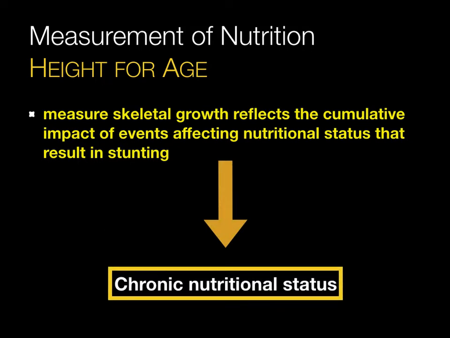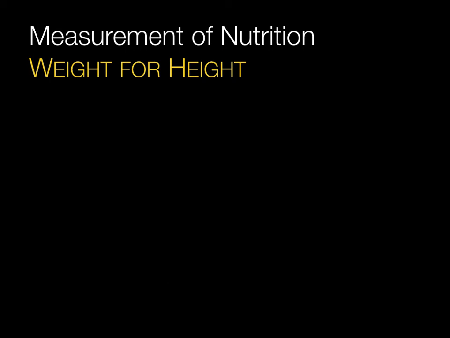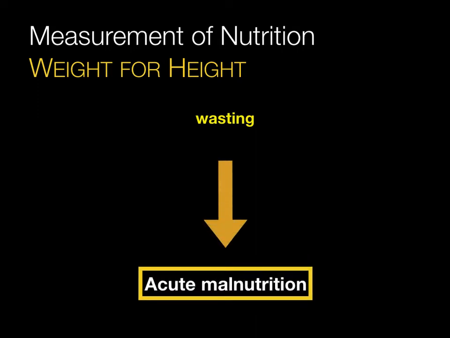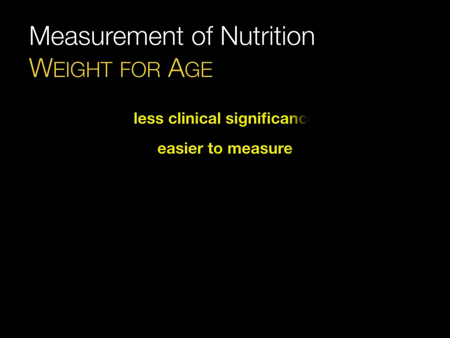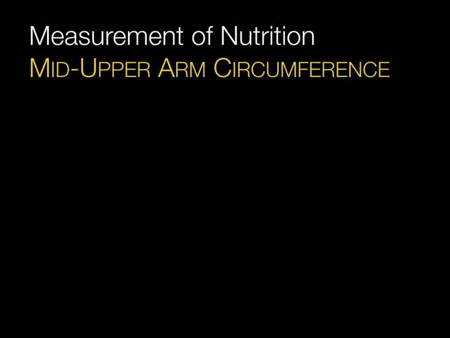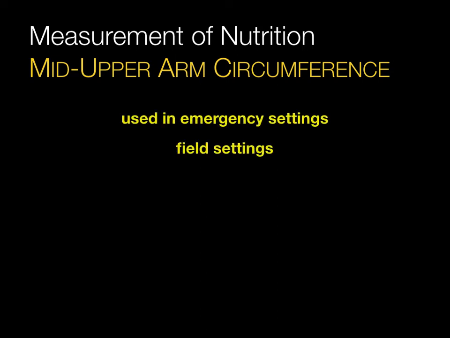This can be a gauge for chronic nutritional status. The weight for height determines if the child has wasting, or the child's acute nutritional status. The weight for age has less clinical significance, but it is easier to measure. The mid-upper arm circumference is used in emergency settings and field settings.